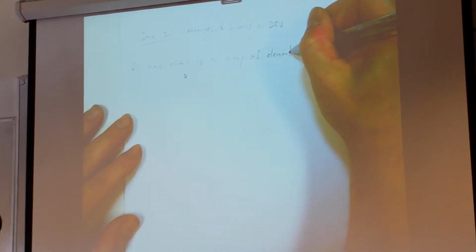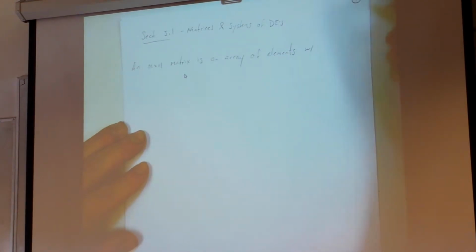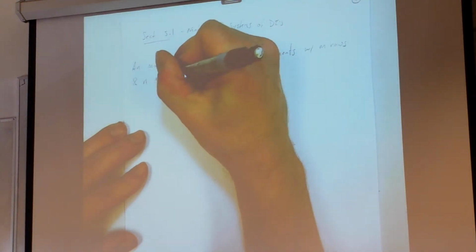Now, they could be just constants. They could also be functions. That's why they use the term elements, because you could have a matrix of functions. We've seen that when we found the Wronskian. You could have a matrix of partial derivatives, like we did in Calc 4 for the second derivative test. But anyway, it's an array of elements arranged into M rows and N columns.